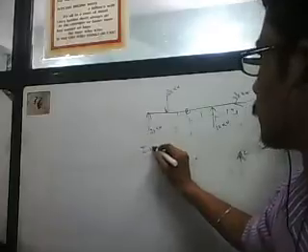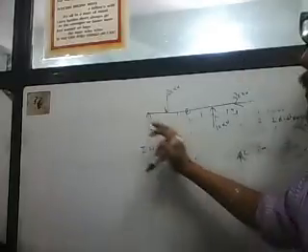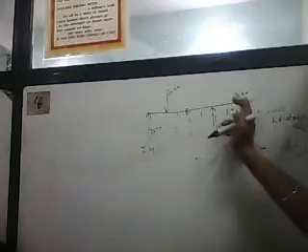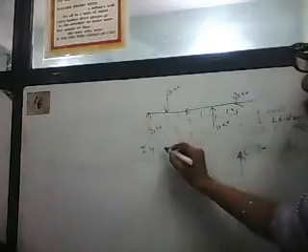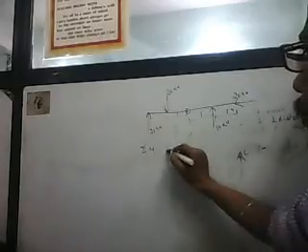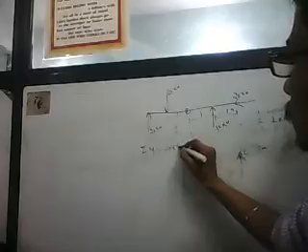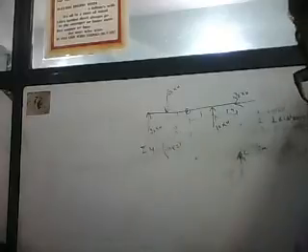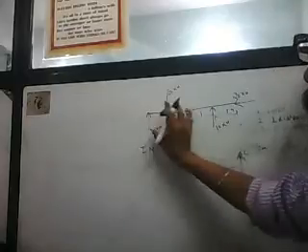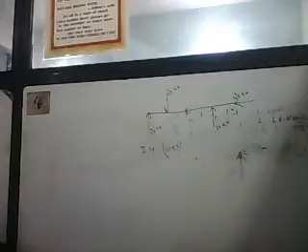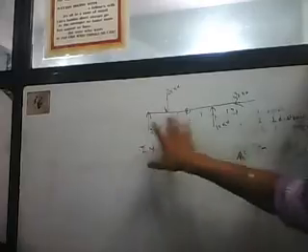The summation of moment will be equal to the moment by this, this, this, and this. This one will be 20 into 2, force times perpendicular distance.